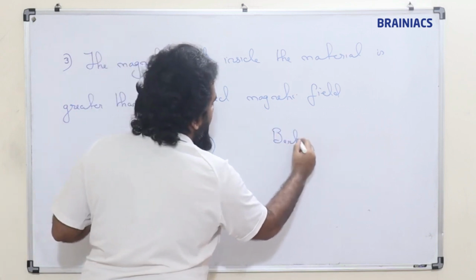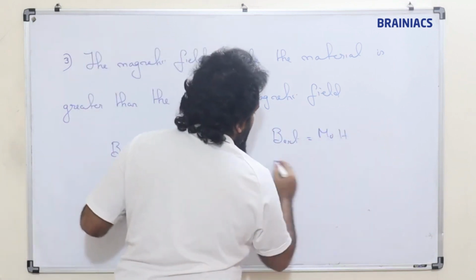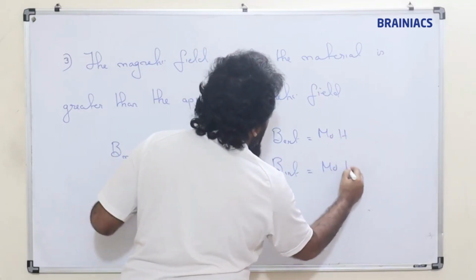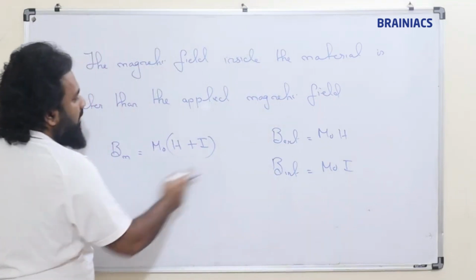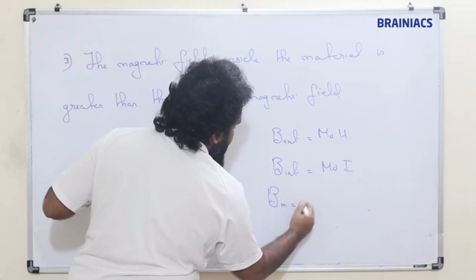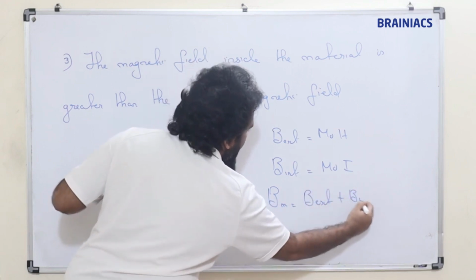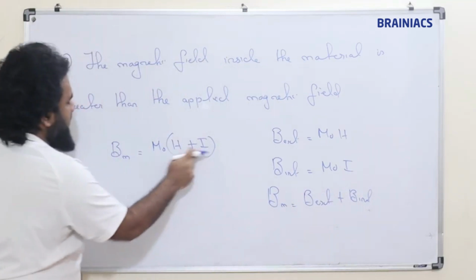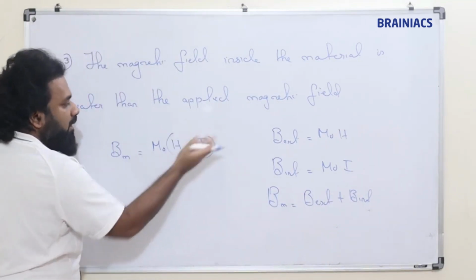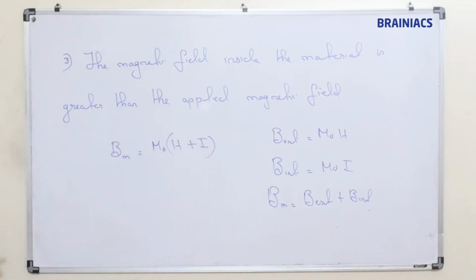B external is mu 0 H. B internal is actually mu 0 I. Putting both together, B net is B external plus B internal. Since this is positive, the magnetic field through the material is going to be a little bit greater than the external field.